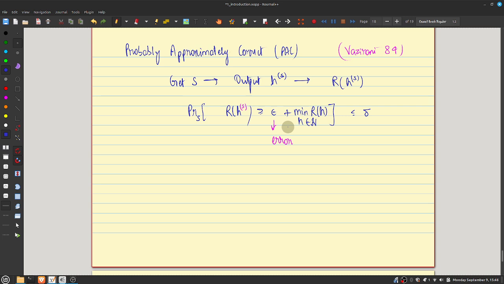So it's a very strong requirement, right? It's an extremely strong requirement, saying that if there is some genie who knows exactly what the ground truth is, and this genie does the best thing possible, me with my algorithm, with my limited training information, I still want to do something which is almost as good as the genie.